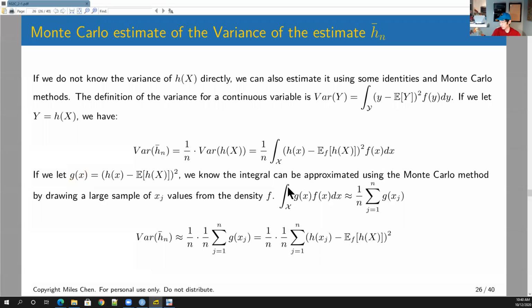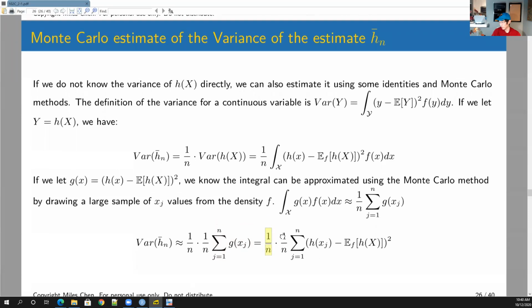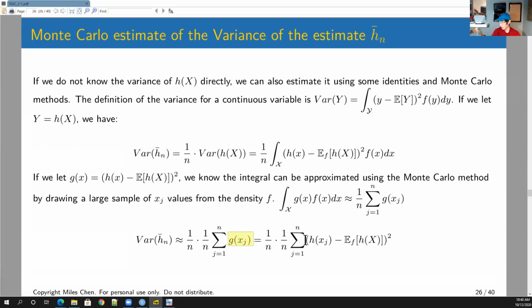And so if you do that, this is the integral of g of x f of x dx, which we said is given by the Monte Carlo estimator, where you take samples of x drawn from f, apply g of x to them, and take the sample mean. So if we do that, the variance of this is going to become 1 over n times 1 over n times this. And so I got 1 over n times 1 over n, and then g of x is just this function here.